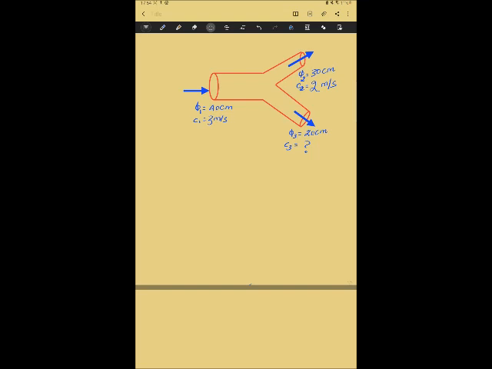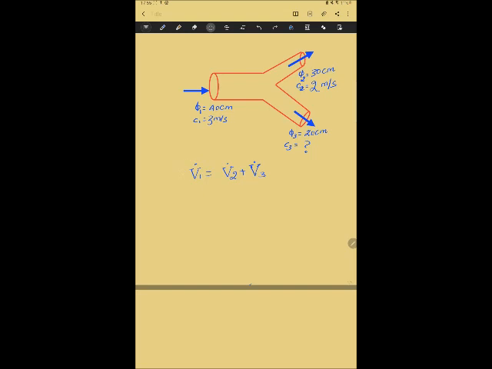Okay, now I'm going to do it. So the first thing I know is the continuity equation, which says V1 dot equals V2 dot plus V3 dot.